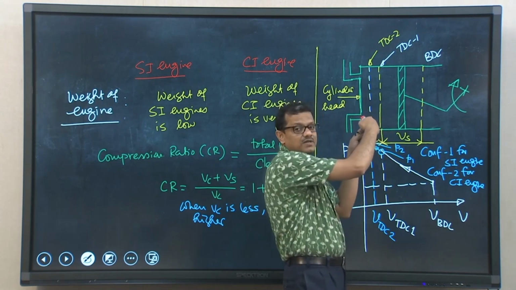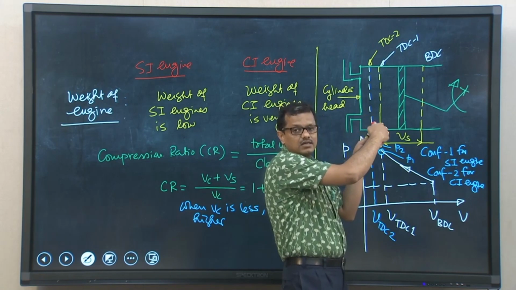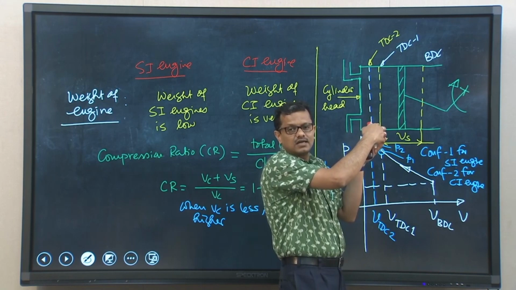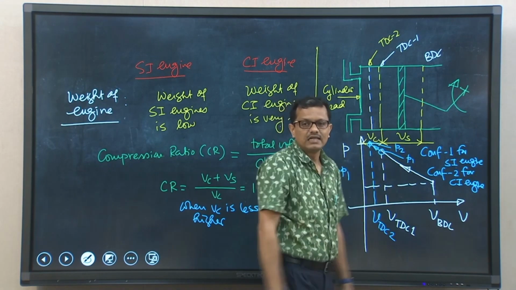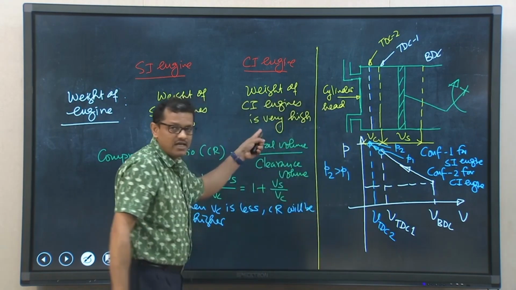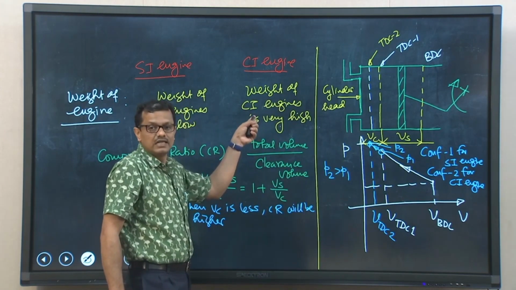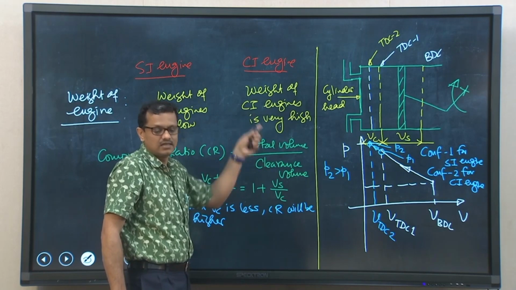So, to withstand that high pressure, cylinder will be thicker. To be precise, wall of the cylinder will be thicker and weight will automatically increase. So, that is why if compression ratio increases, weight also will increase. That is what we had written earlier.